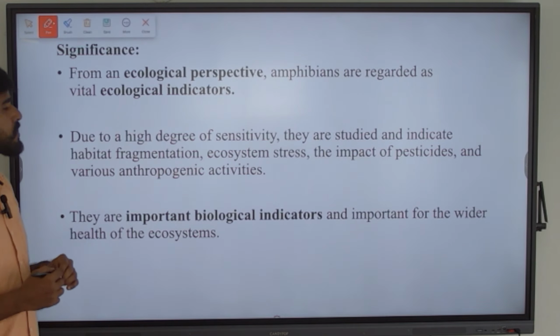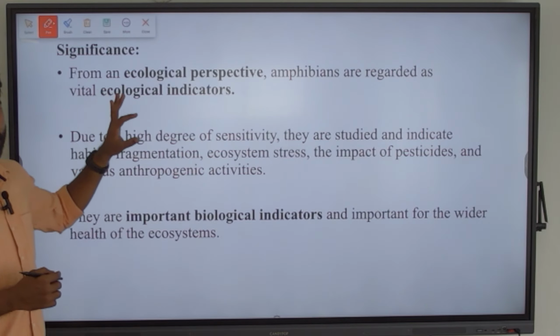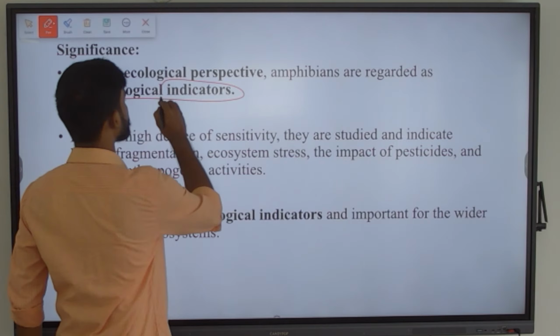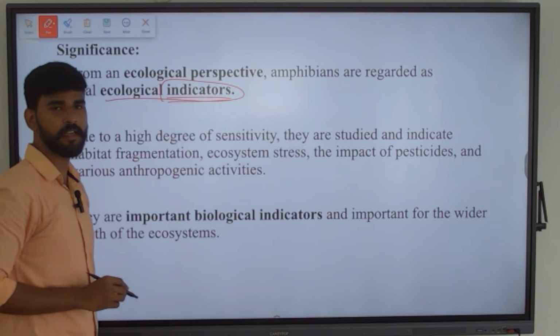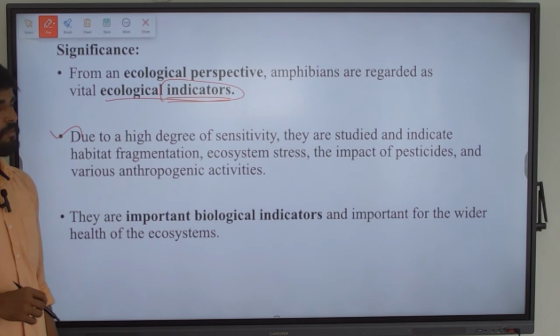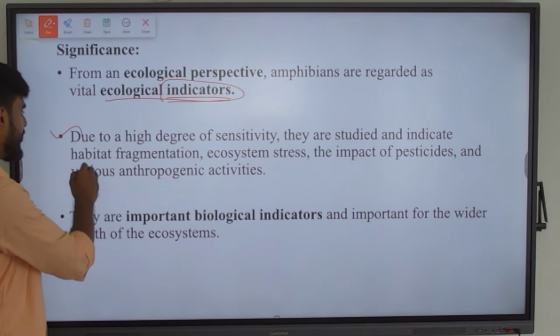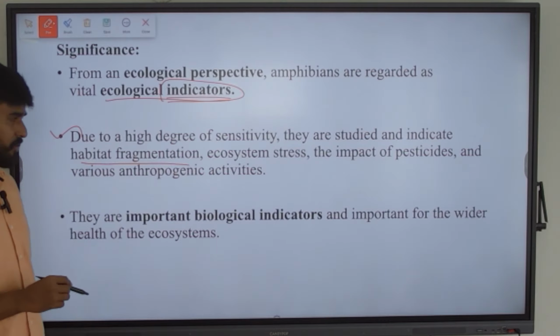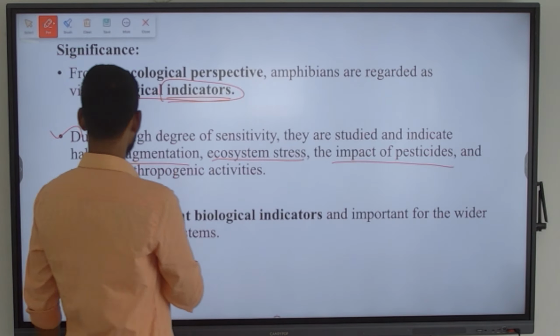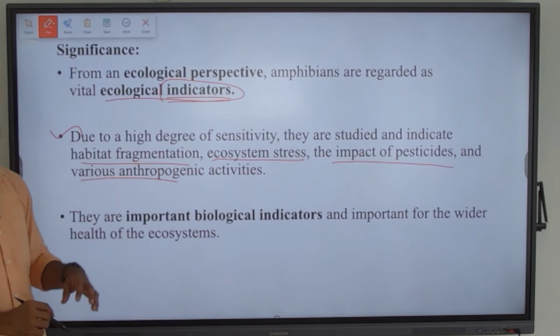Next is significance. From an ecological perspective, these amphibians are regarded as vital ecological indicators. Due to a high degree of sensitivity, they are studied and indicate habitat fragmentation, ecosystem stress, and impact of pesticides and various other anthropogenic activities.